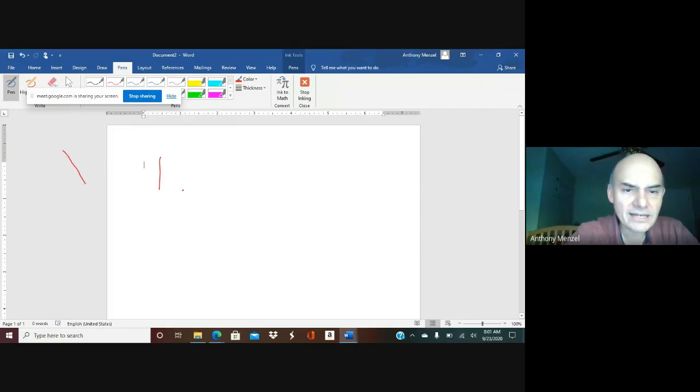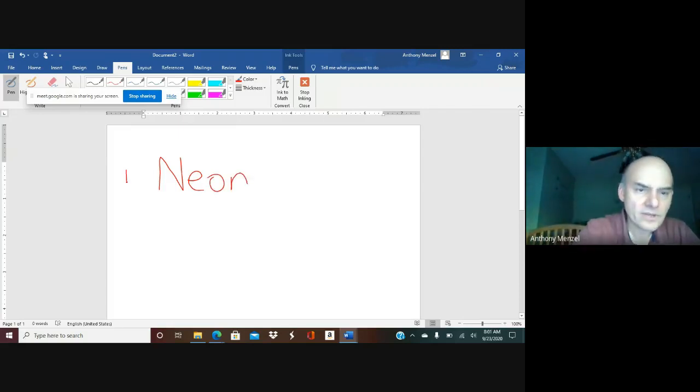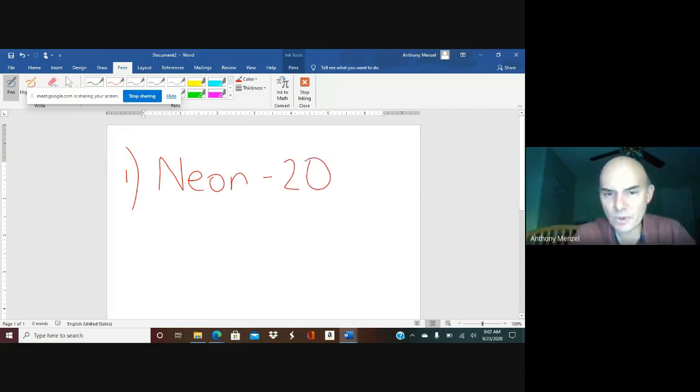So the neon 20 can be represented in 4 different ways. You could say it's neon dash 20 because we know it has 10 protons, right? So all the neon in the world has 10 protons, so we don't have to say anything about the atomic number. We could just say this is neon 20.